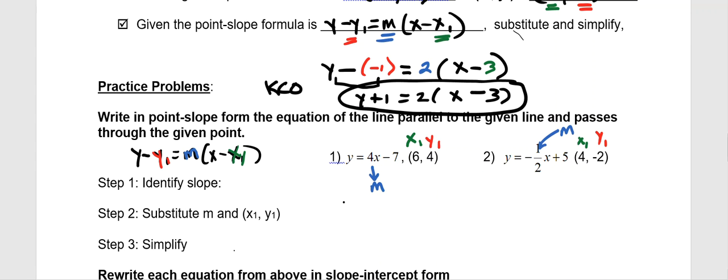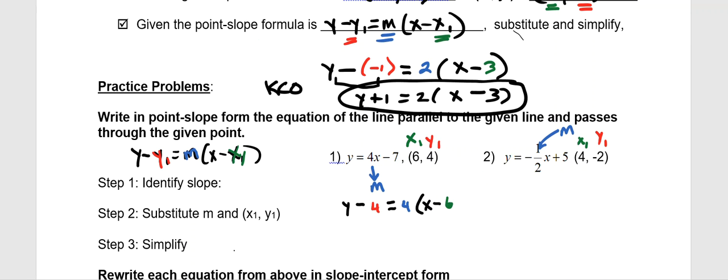Okay, so we're going to do y minus my y1 value, 4, equals, don't forget our slope, because it's a parallel line, we're stealing our slope from the given equation, 4 parentheses x minus our x1 value, 6.